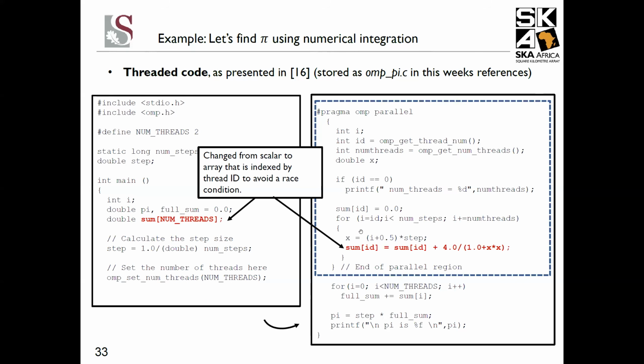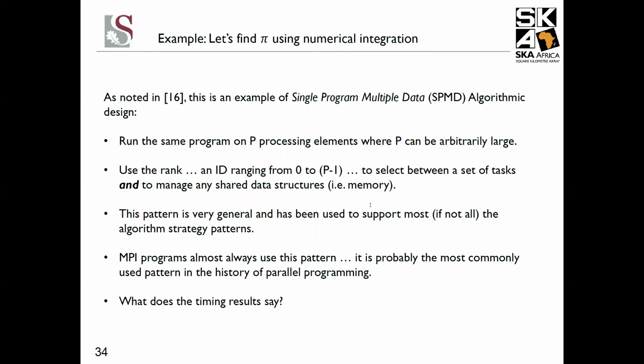The Riemann sum, now inside the parallel region, which is the compute-intensive part, is done so that the result is stored in position ID, and this ID is just equal to the thread's number. So threads don't overwrite each other's variable, but I sacrifice something in that I now need more memory. But it's my first approach.